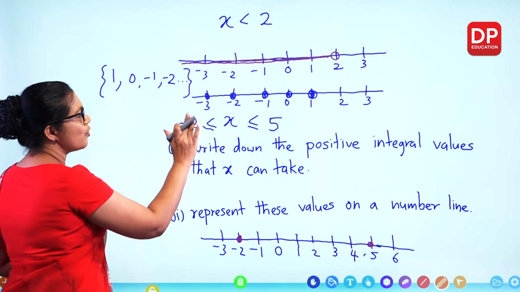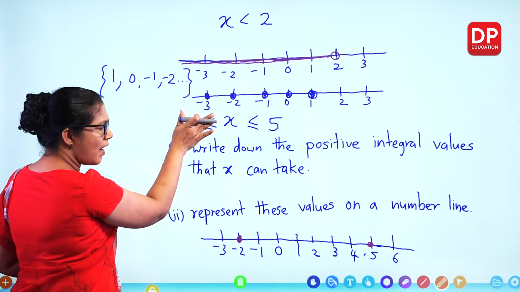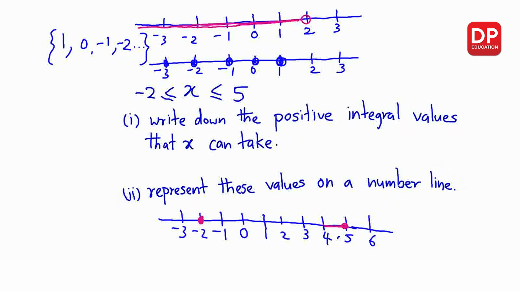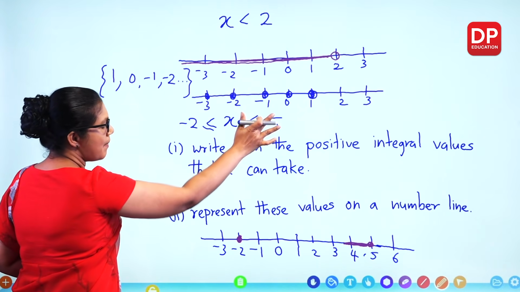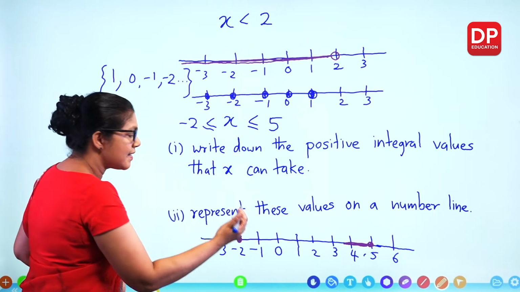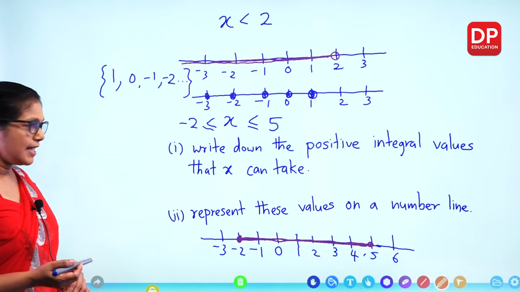So here when you close this side, this means x is less than or equal to 5. That means this side. What about this one? x is greater than -2. Greater means right side. So towards this side. So when you connect these two, we can see that these are the numbers satisfied for this inequality.